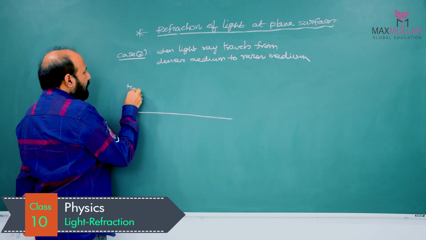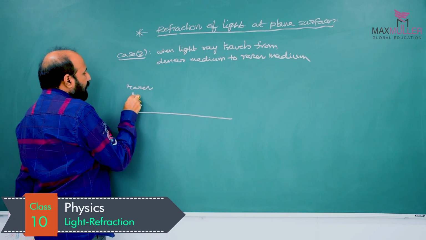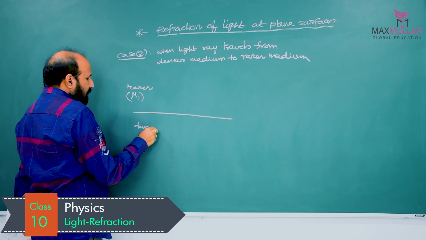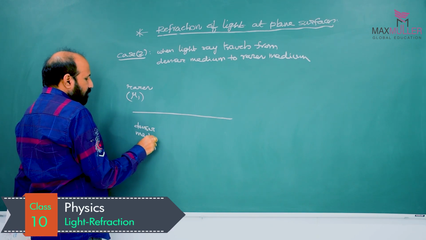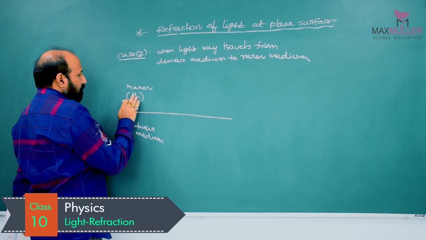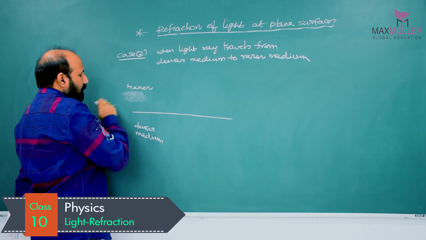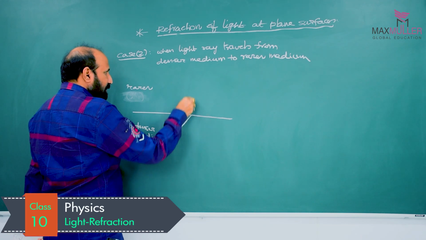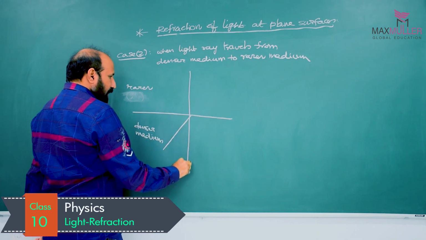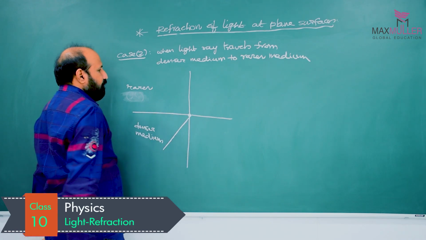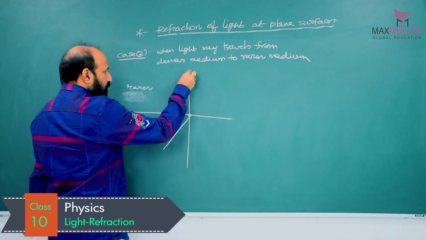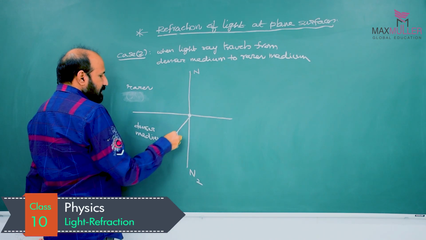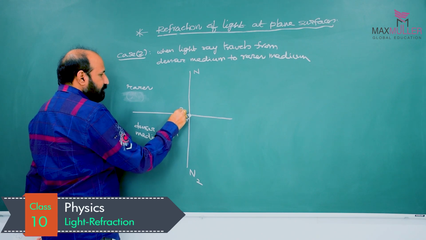Suppose this is rarer medium, refractive index is mu1, this is denser medium. Now, light ray is incident from denser medium to rarer medium at the point of incidence on the surface which separates these two media. This is incident ray here.